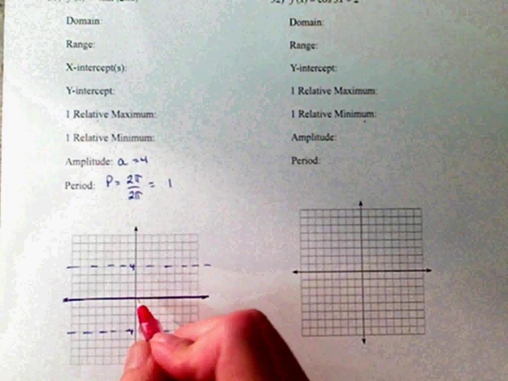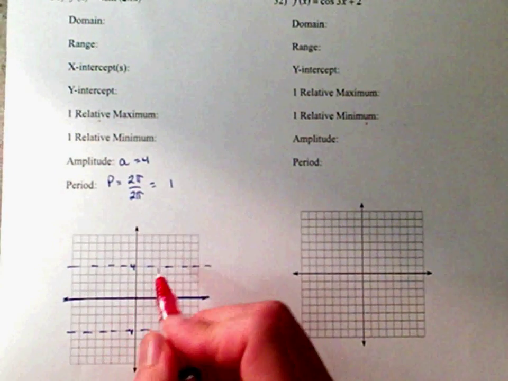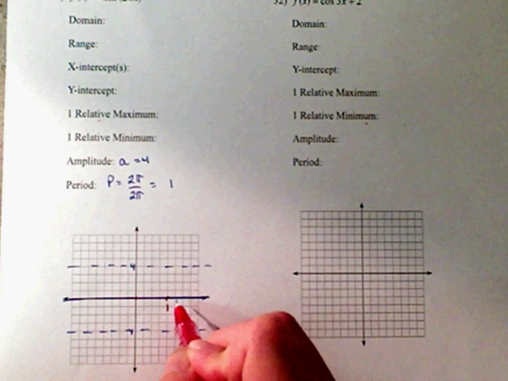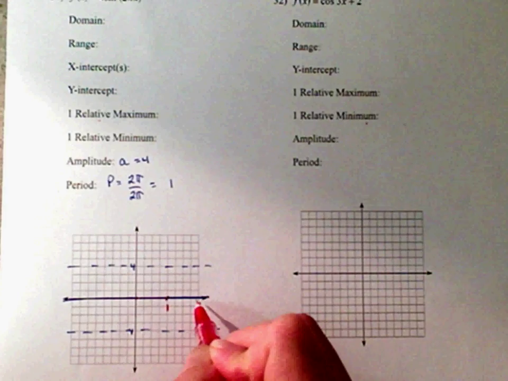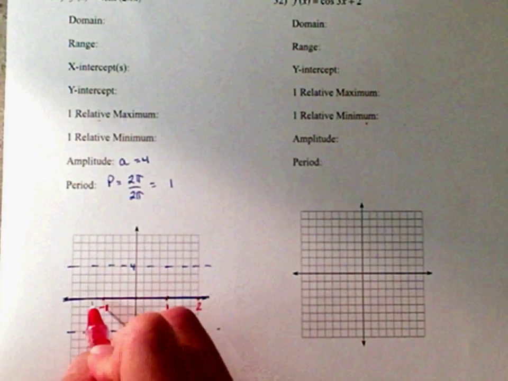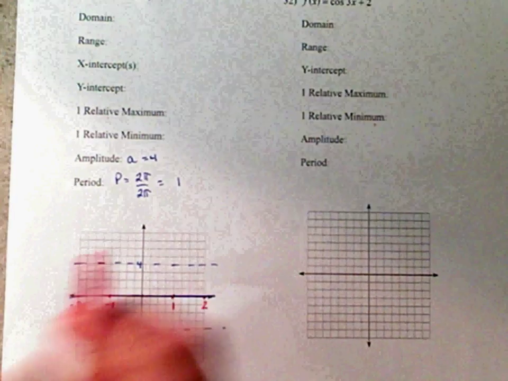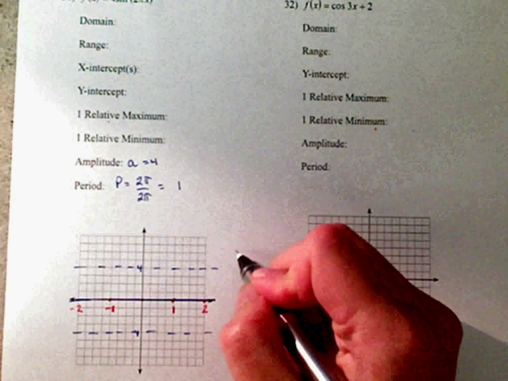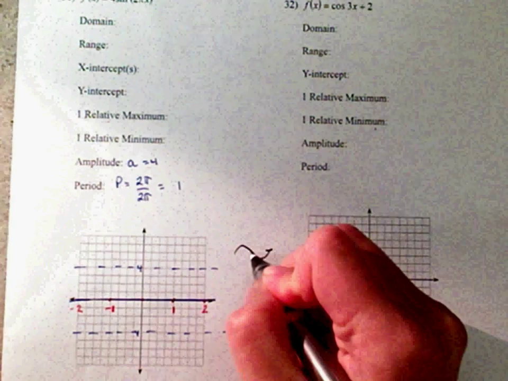Starting off at 0, you are at 1, 2, 3, 4. So here's 1. 1, 2, 3, 4, 2. Go this way: 1, 2, 3, 4, negative 1. 1, 2, 3, 4, negative 2. I am graphing a sine function. It's positive, so it will look something like this.